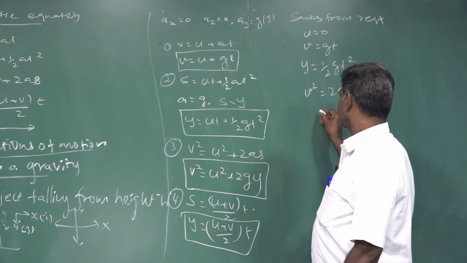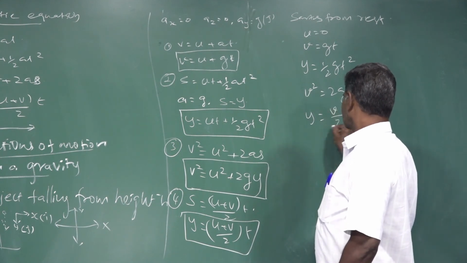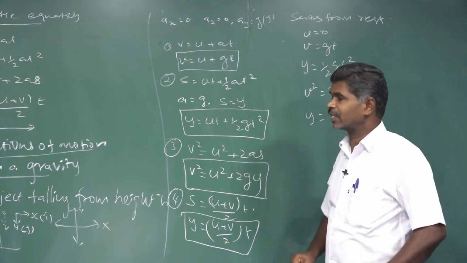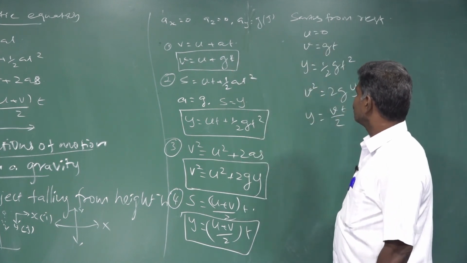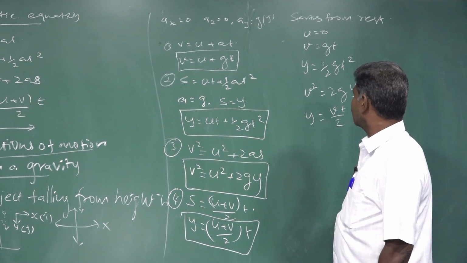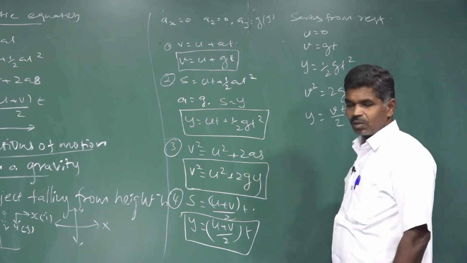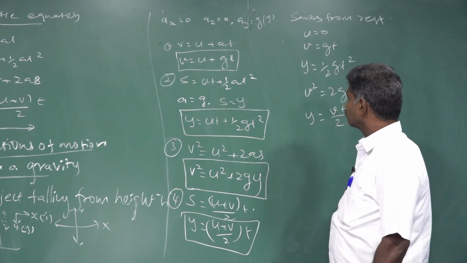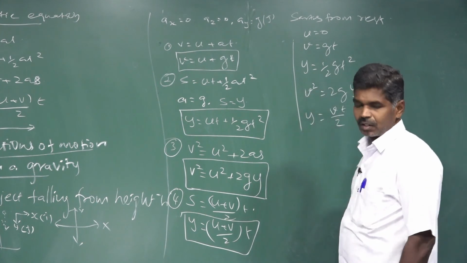Then the fourth equation, y is equal to vt divided by 2. If it is a free fall object, the four equations can be changed as v is equal to gt, y is equal to half gt square, v square is equal to 2gy, and y is equal to vt by 2. Anyhow, these are for the free fall object.